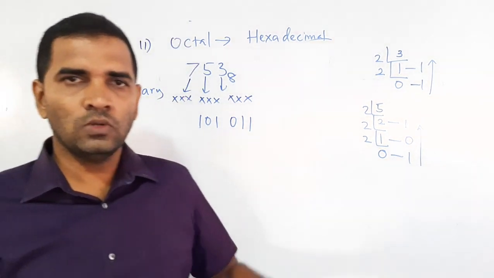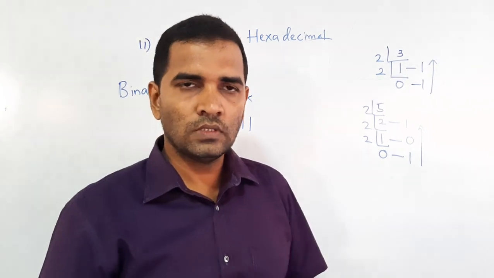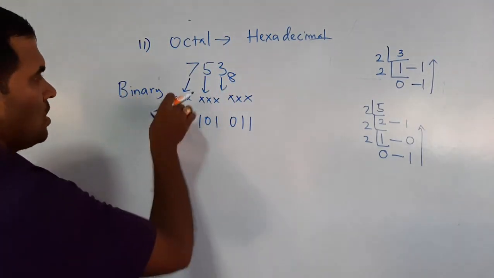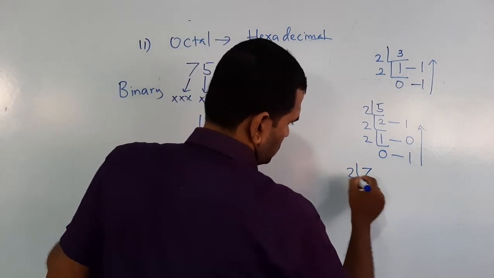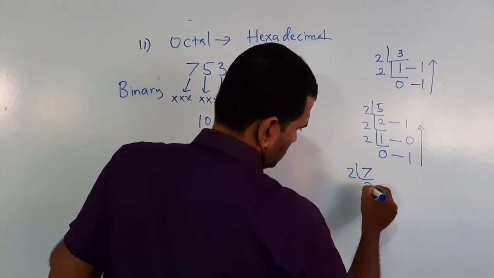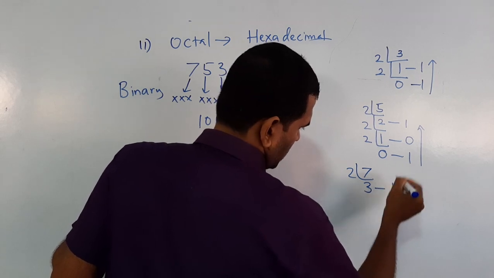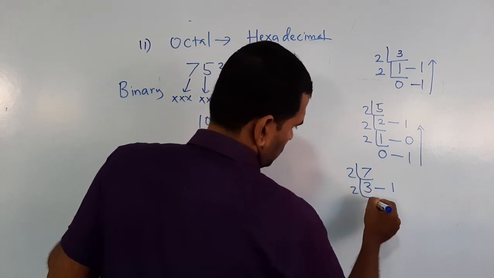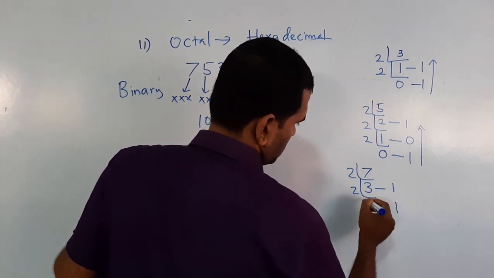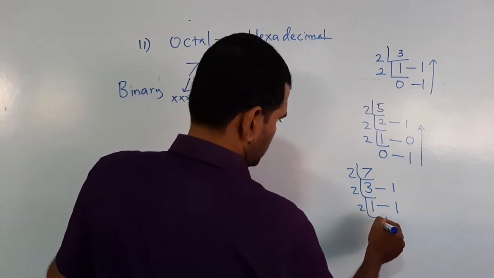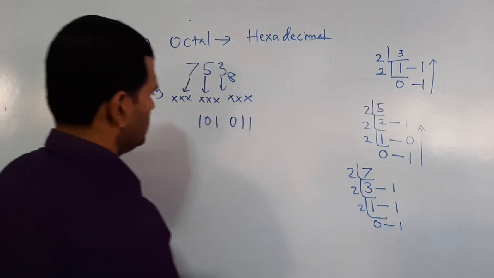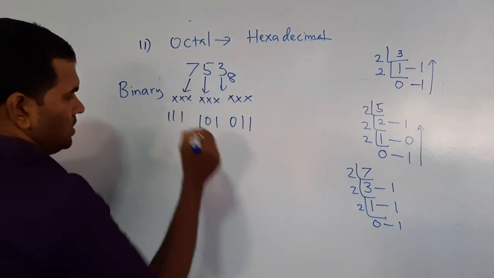Here we don't have any issues because we have 3 digits, right? Let's take the third one, which is 7. So it is 3 quotient, 1 remainder. 1 quotient, 1 remainder. Then it is 0, 1 remains. So here 1, 1, 1.